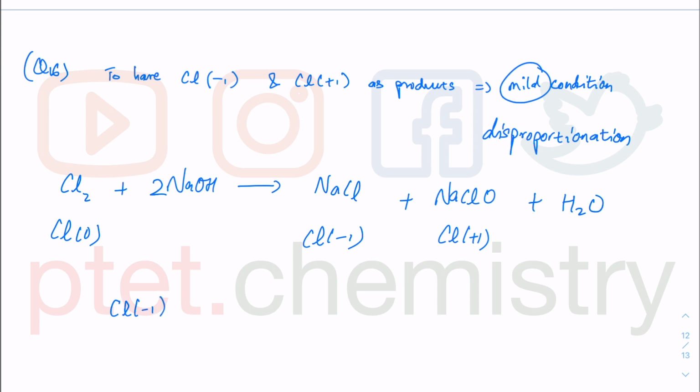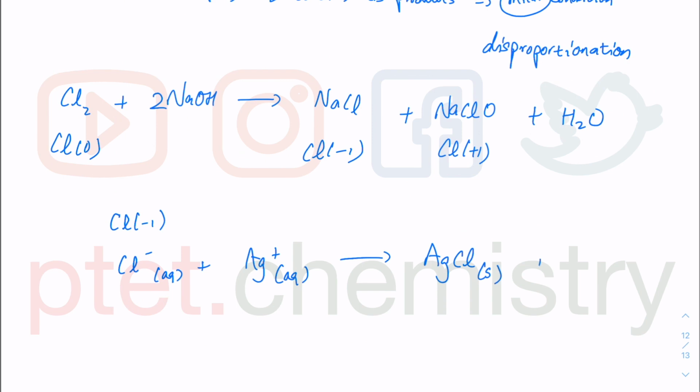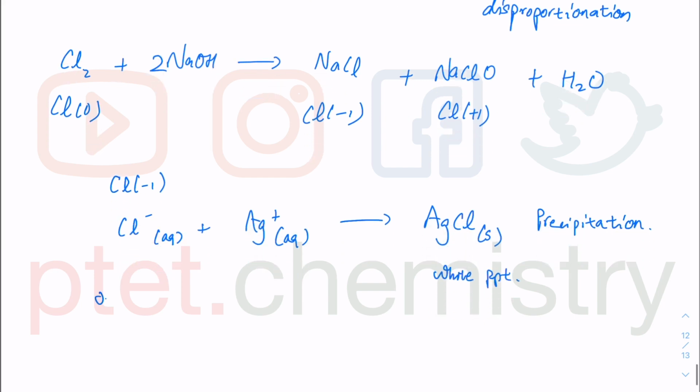So chlorine -1, that is going to be your Cl- aqueous, plus the silver nitrate, which is Ag+ aqueous. This gives you another classic precipitation ionic equation, something that they like to ask even from your O-level or your IGCSE 14 to 16 years old chemistry. So we're looking at option A as the only correct answer.